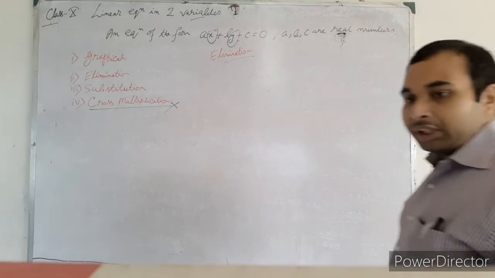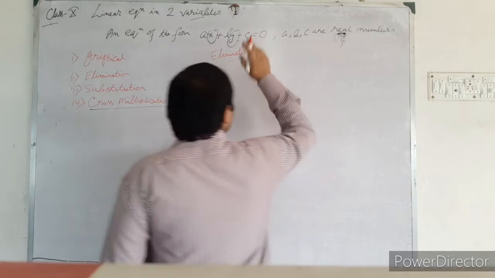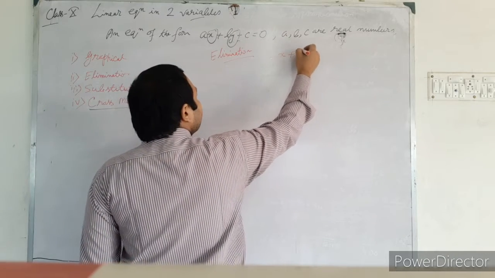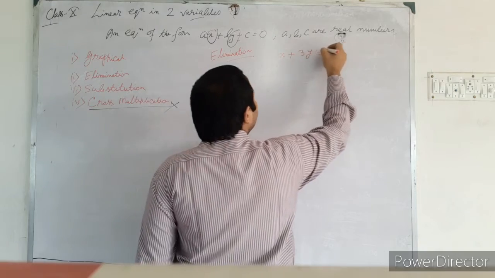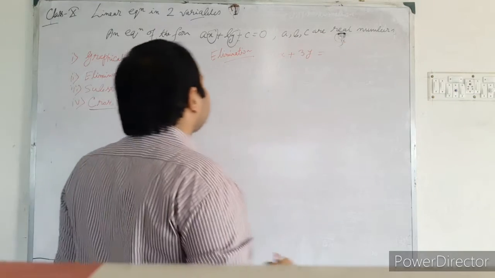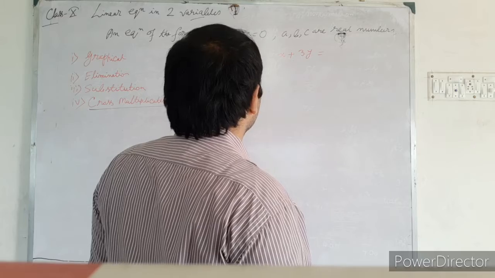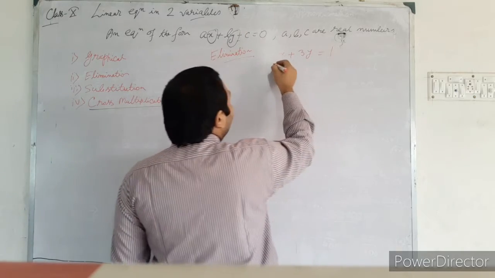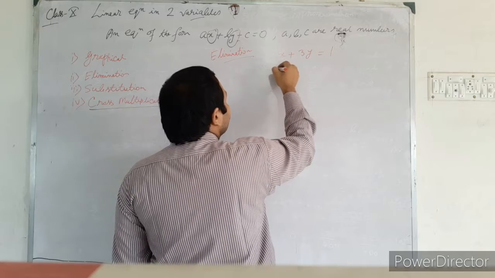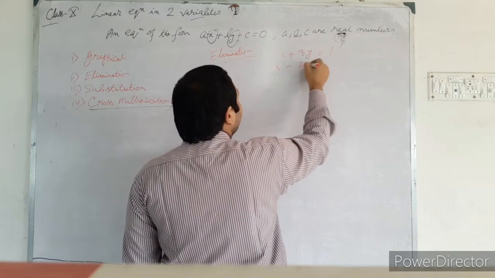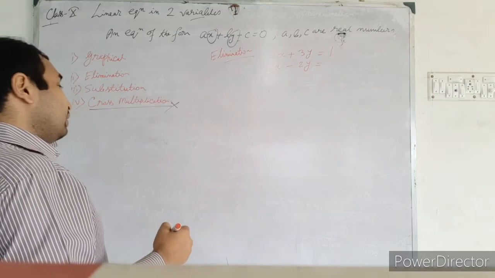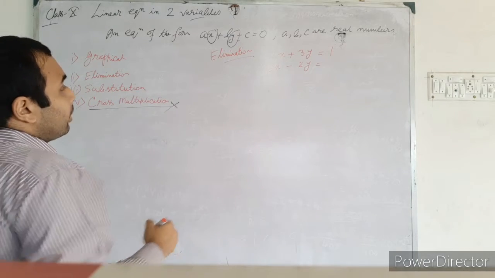Okay, so students, elimination method. First of all, I am taking two equations, that is 2x plus 3y is equal to, say, 1, and 3x minus 2y is equal to minus 5.